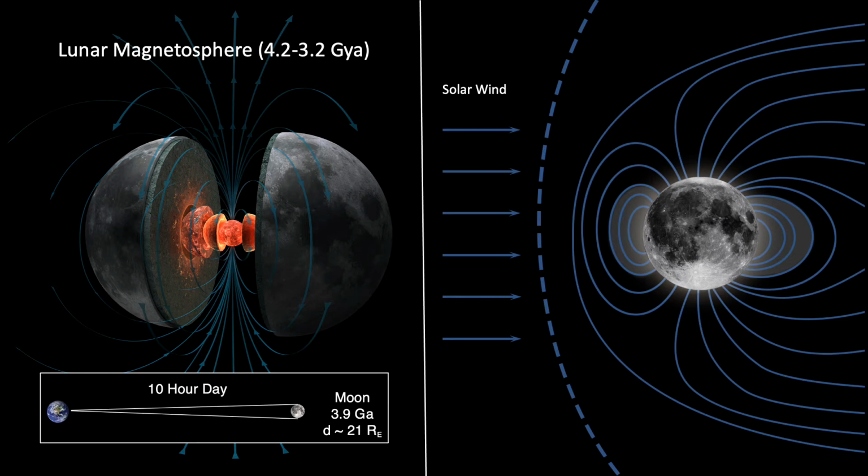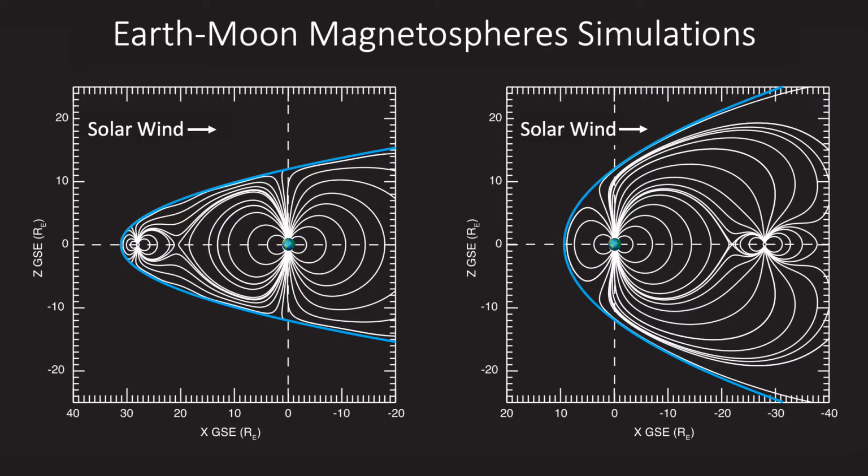So between 4.2 and 3.2 billion years ago, then we expect the moon to have created a magnetosphere. Now this is significant because this magnetosphere is occurring at the same time as the Earth's magnetosphere, and also the moon is much closer. Now here are some basic simulations of the Earth-Moon magnetospheres.